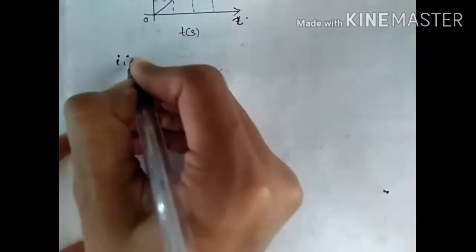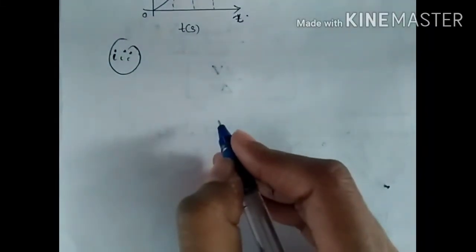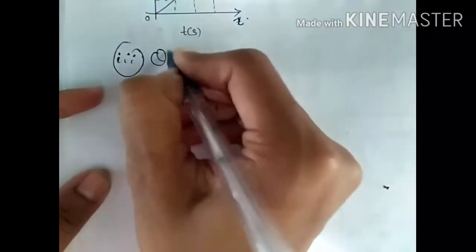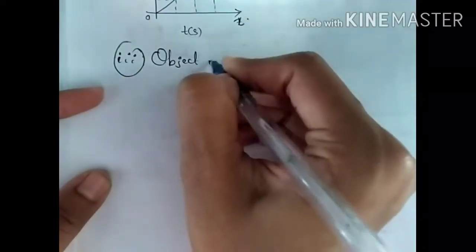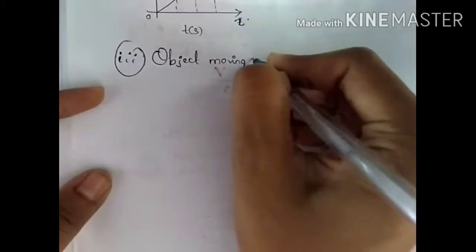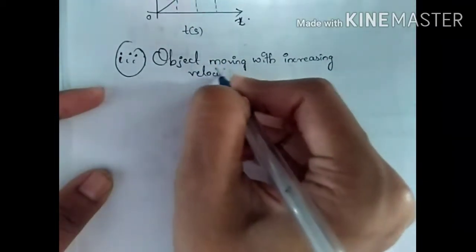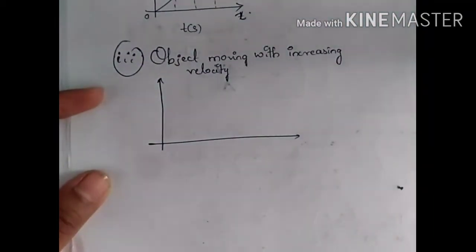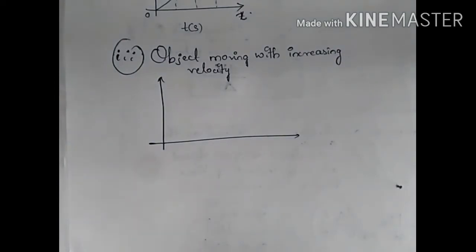Let us see the third case. The third case is for an object moving with increasing velocity. If there is an increase in velocity of an object, then there has to be an increase in the displacement of the object.